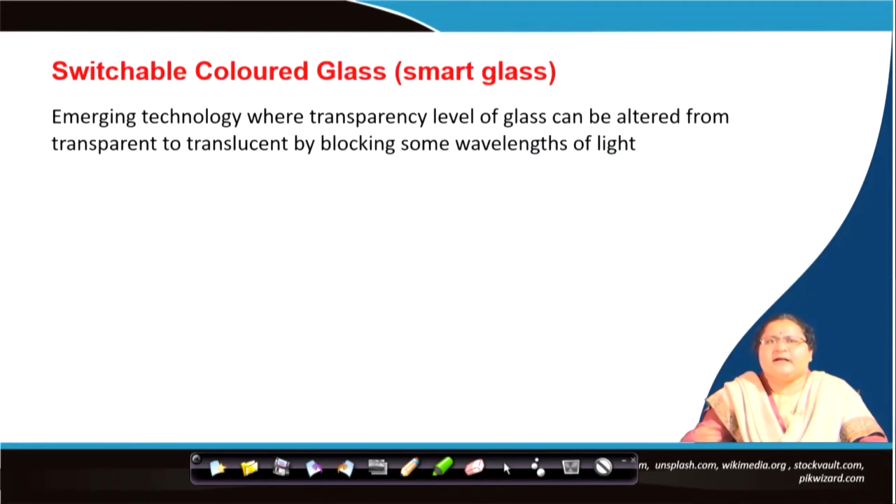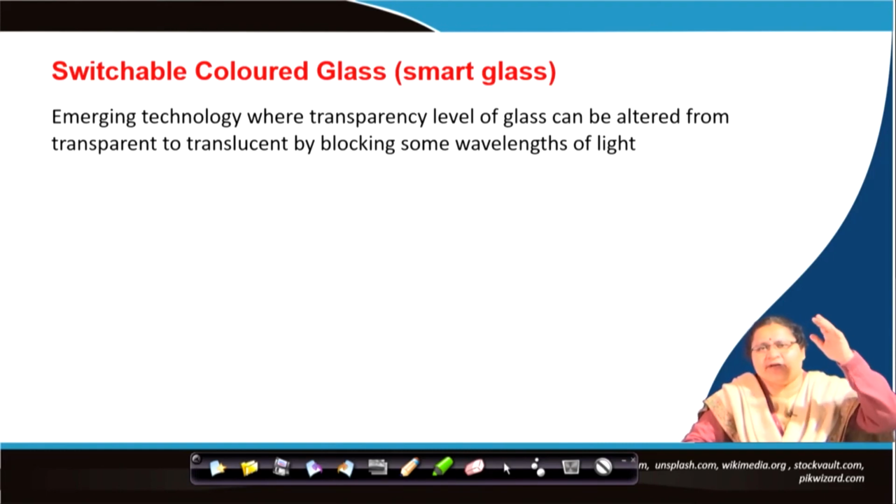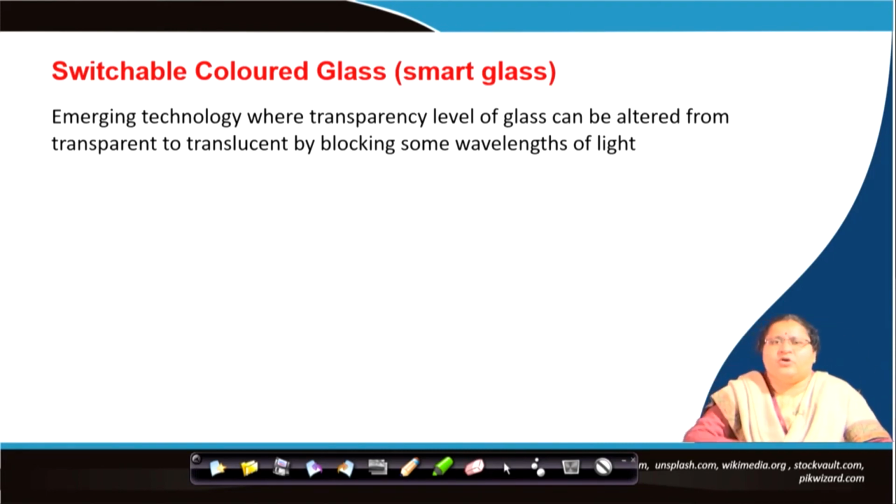Next is switchable colored glass, which we also call smart glass. If you have travelled by aeroplane, nowadays in some of the flights, as you are flying at a high altitude, you may not like the sun rays to come in.